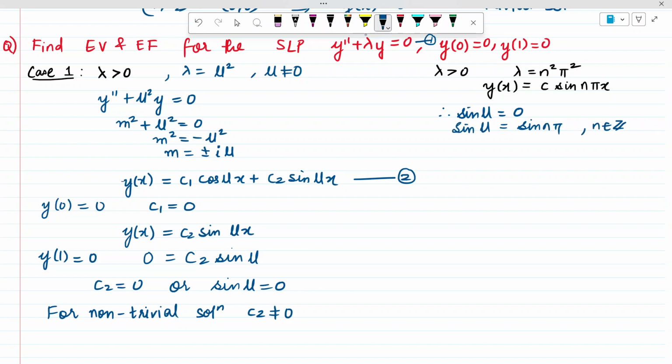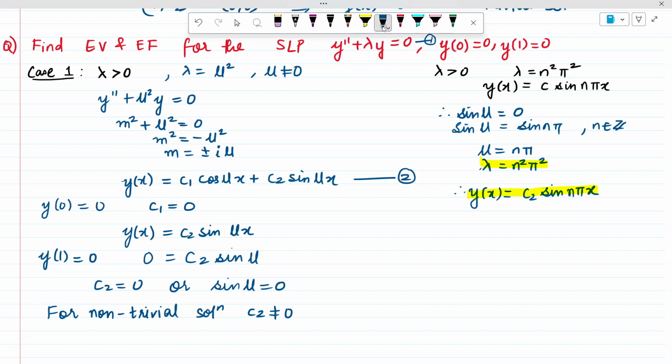So I have now nu is equal to n pi. Lambda, which is nu square, will become n square pi square. And when I substitute this value of nu in equation number 2, we would be left with y of x is equal to C2 sin n pi x. Okay, so these are your eigenvalues and these are your eigenfunctions.